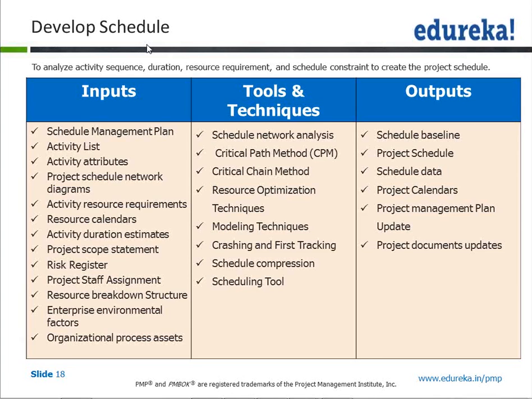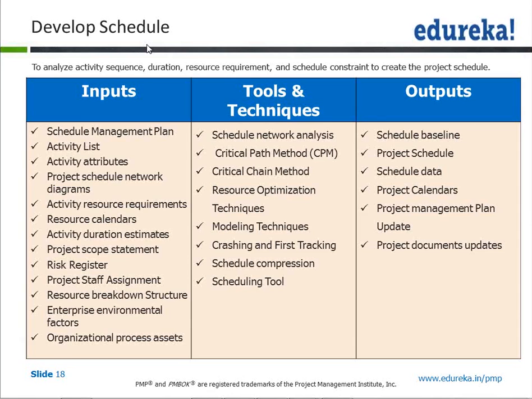So there is a huge list of inputs here. Tools and techniques: schedule network analysis, critical path, critical chain, resource optimization techniques, modeling techniques, crashing and fast tracking, schedule compression and scheduling tool. All these we will be using for tools and techniques.